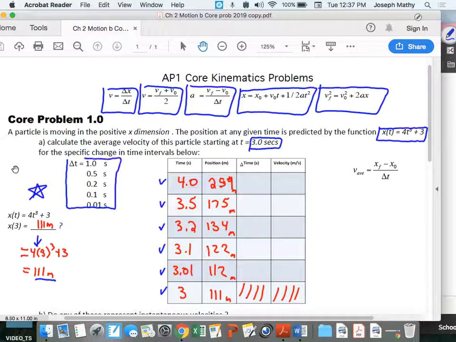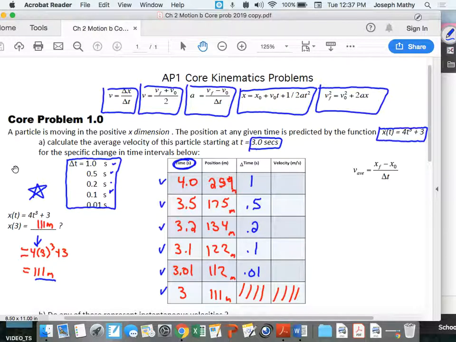That table says let's evaluate this particle like we know we start at 3, but where is the particle 0.01 second after 3, 0.1 second after 3, 0.2, 0.5, 1. So I've put the true time in this column, and now I'll put the change of time into this column. There's a reason why, and it's coming up.